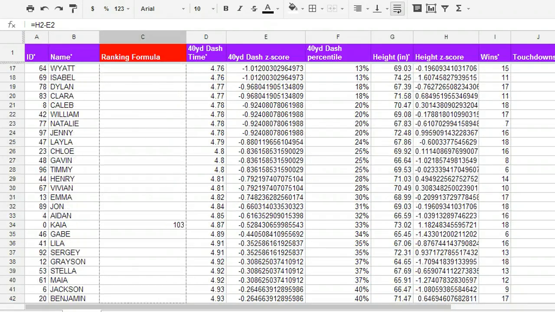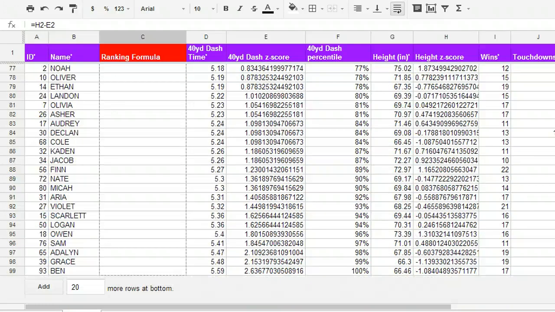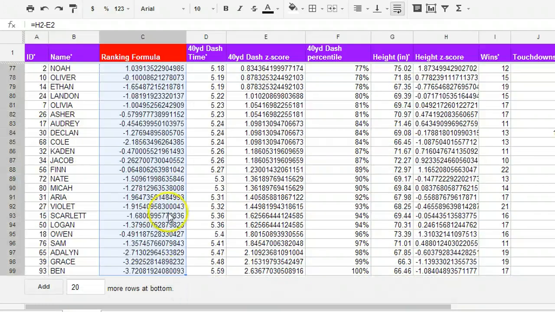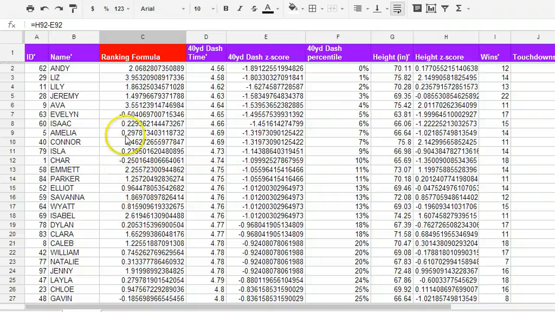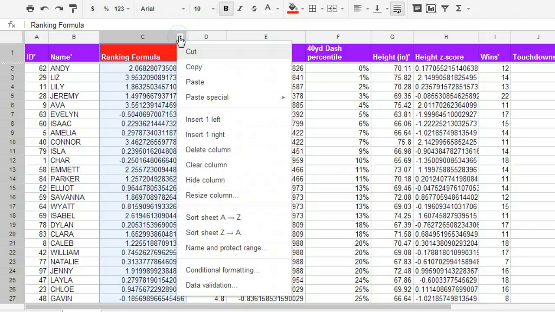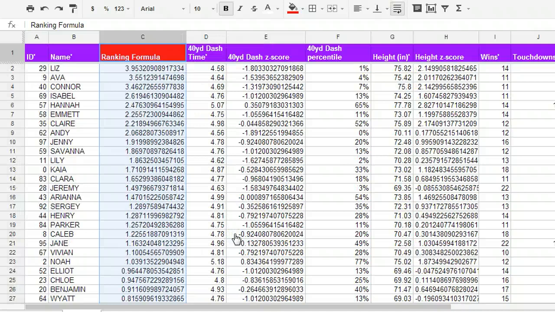Now I'm going to drag this down all the way and I'm going to get all these scores. Now it's a little hard to see all these here, but what if I click on my column C, my drop down arrow, and I'm going to sort this from Z to A. Z to A is going to be largest number to smallest number. And in this case it says I have Liz at the top.